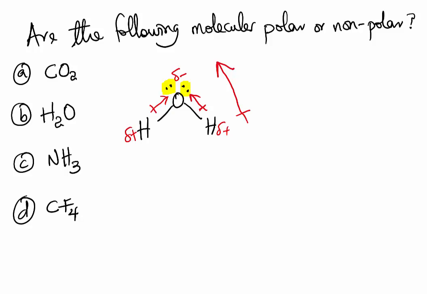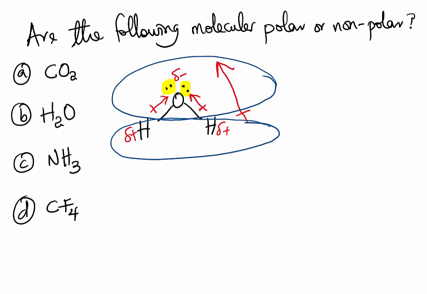And that means that this side of the molecule, the side that has oxygen, is very electron rich, while the side of the molecule that has hydrogen is electron deficient.